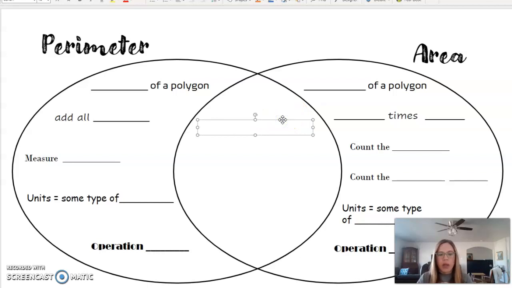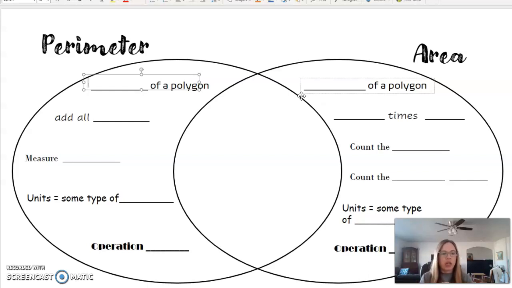So what do we know about those? I know it's a way of measuring. And when we're using perimeter, I like to think of rim. Actually, the prefix peri means around, and meter means to measure.